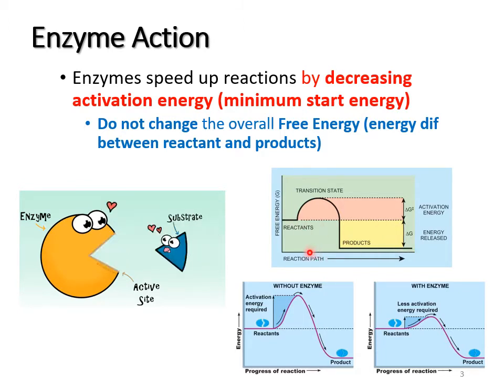When you're looking at any reaction graph, the peak that you see in the graph, that's the activation energy, the amount of energy required to start that reaction. You'll notice without an enzyme, that peak is all the way up here, but with an enzyme, it's much lower down here. And if you lower that activation energy, it means it's now easier or quicker to start that reaction.